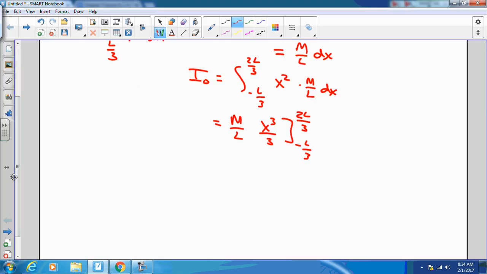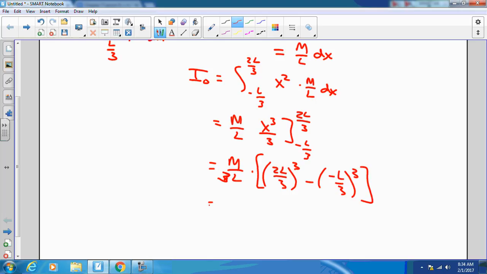This is like the third or fourth computation like this that we've done, and so we're starting to see the patterns that happen. So we have 2L over 3, here's my factor of a third, cubed minus negative L over 3 cubed.